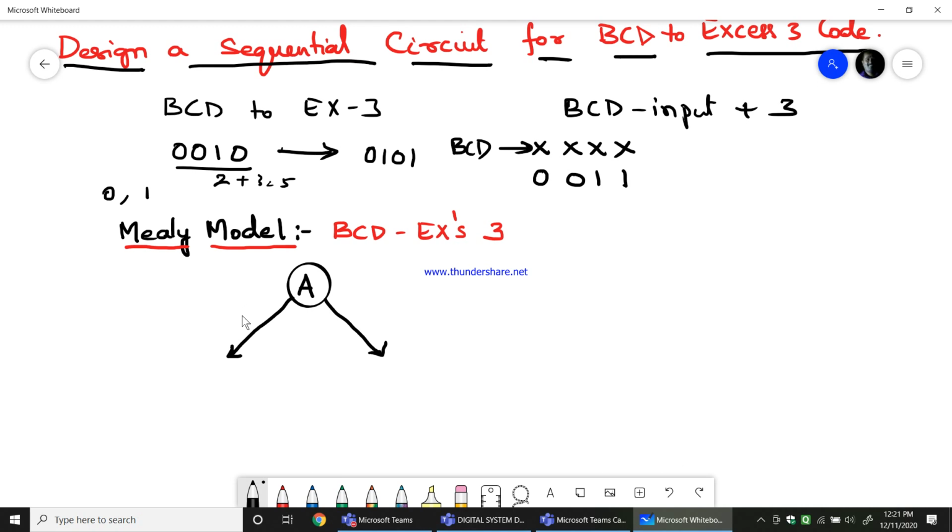Now what we are trying to draw in the diagram is, we take the input and add it to this one, and see what the case would be. If input is 0, what would be the output?